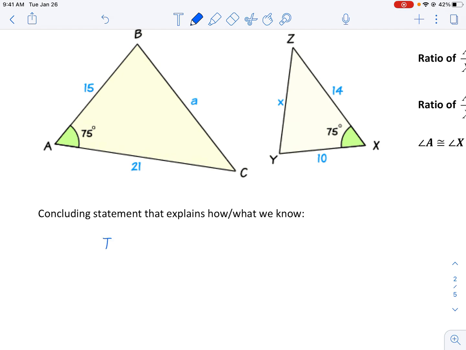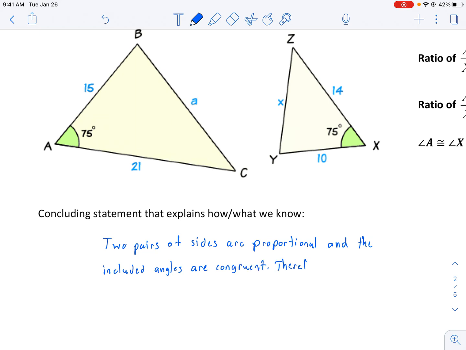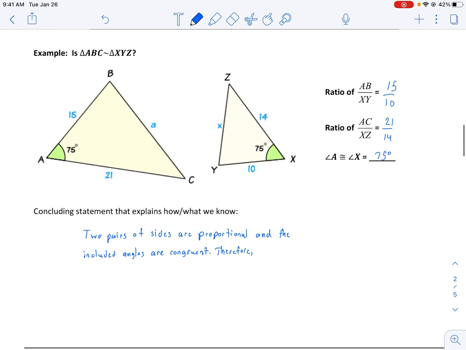So our concluding statement, we can say two pairs of sides are proportional, and the included angles are congruent. Therefore, triangle ABC is similar to triangle XYZ.